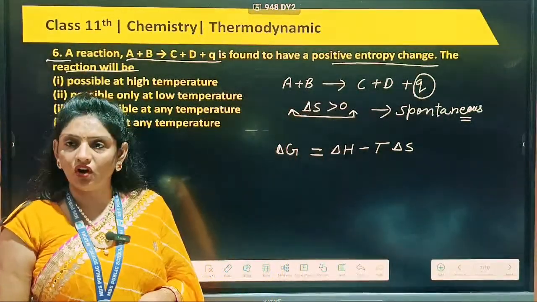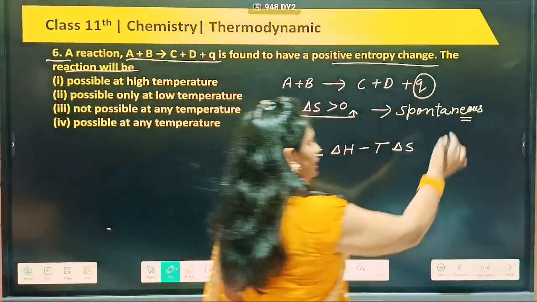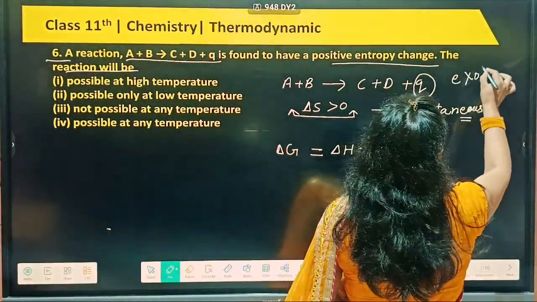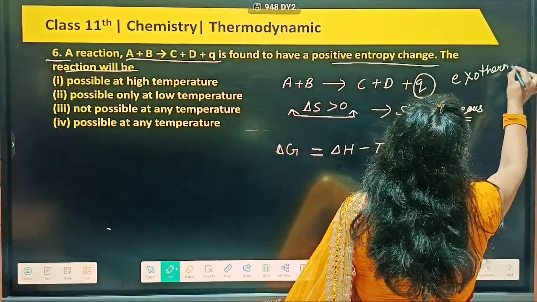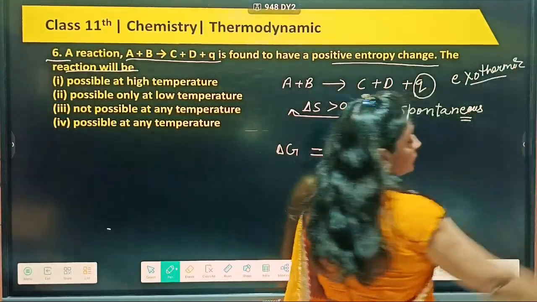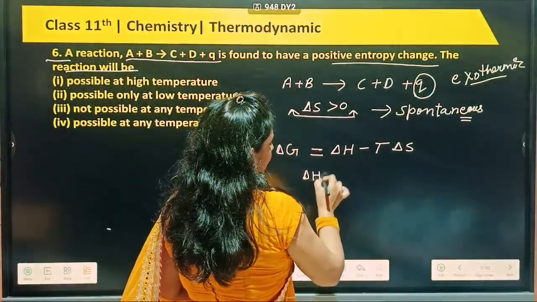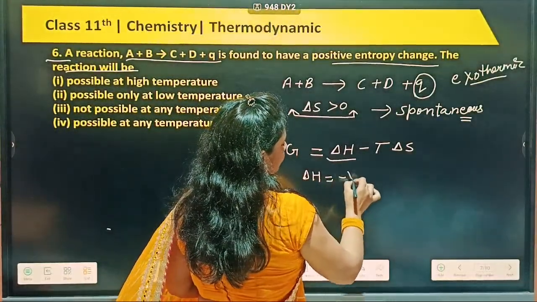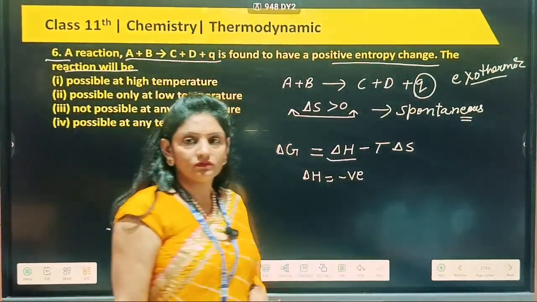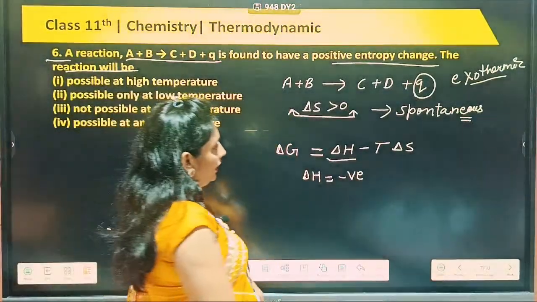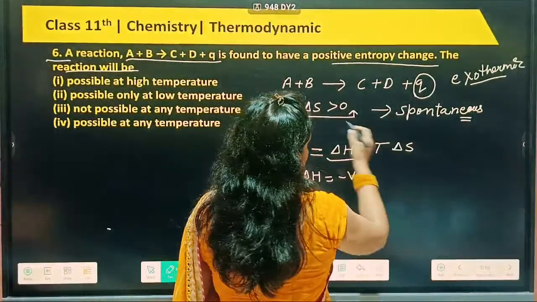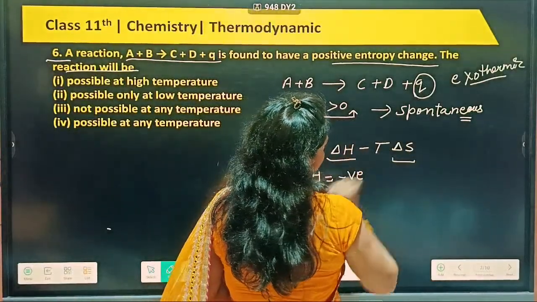Heat is evolved means it is an exothermic reaction because heat is releasing. So, students, from here I can write del H will be negative. Clear or not? And you know very well, this del S is positive.